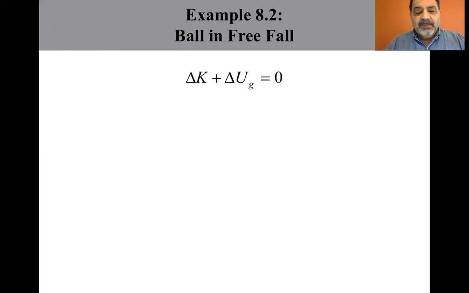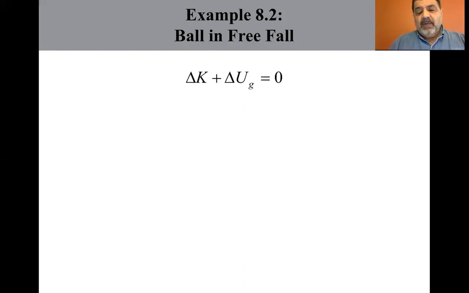When the ball is at a position y above the ground, its kinetic energy, K final, equals 1/2 mv final squared, and the potential energy relative to the ground, gravitational potential energy final, is equal to mgy.